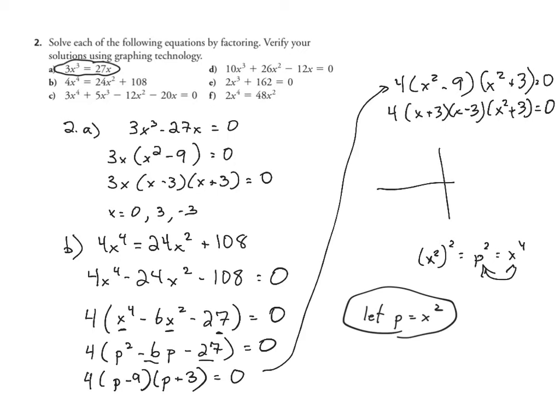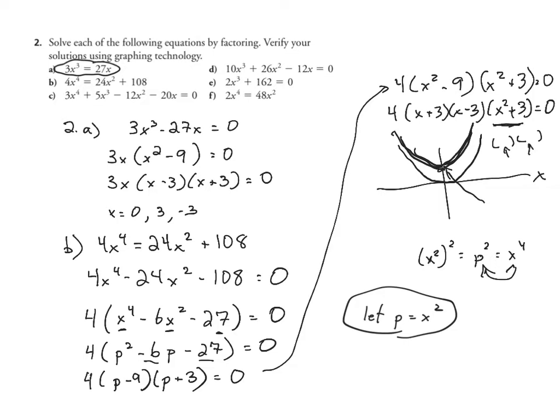X squared plus 3, well, this is y equals x squared. Y equals x squared plus 3 is just raised by 3. And this graph never touches the x-axis. So if it never touches the x-axis, then it can't be factored, because there are no factors that'll let you equal 0.